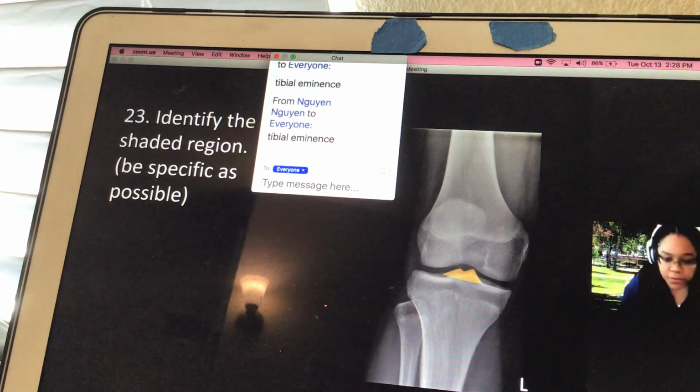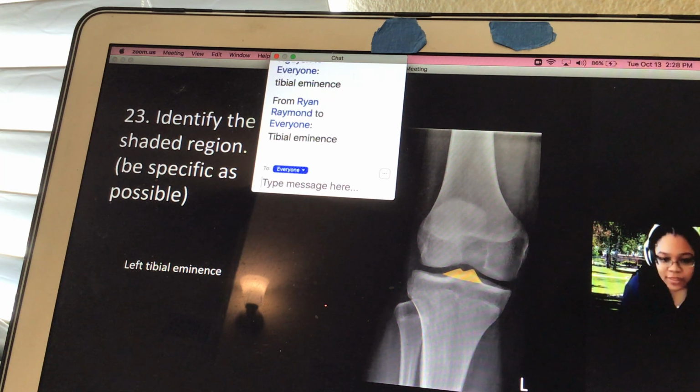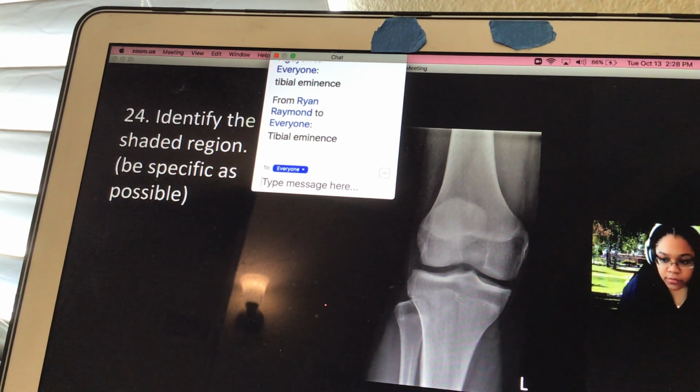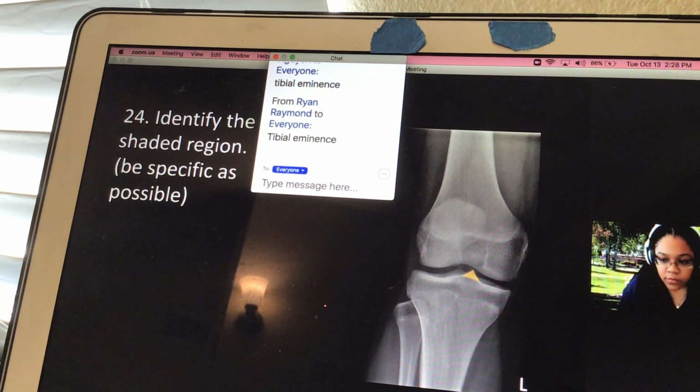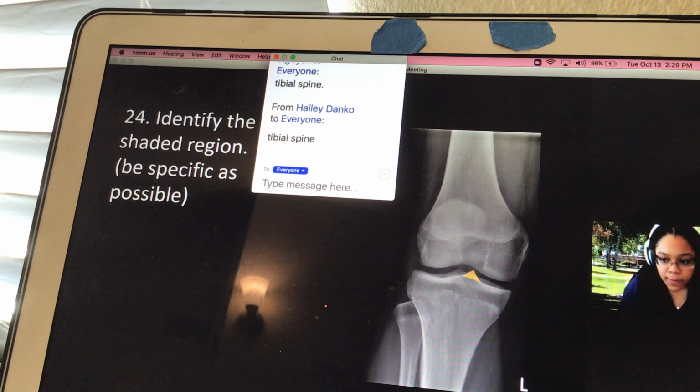Okay, number 23. So the entire thing itself is collectively the tibial eminence. Good. Whereas this one, the tibial spine, which one?